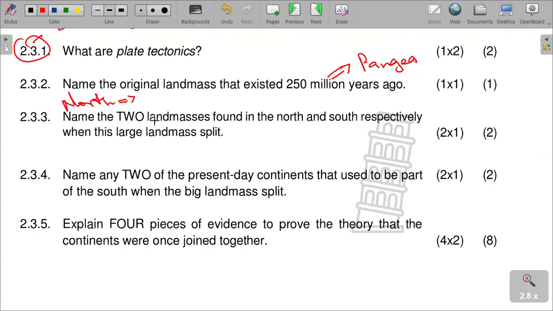In the north, we have got the Laurasia, and then on the south, we have got the Gondwanaland.